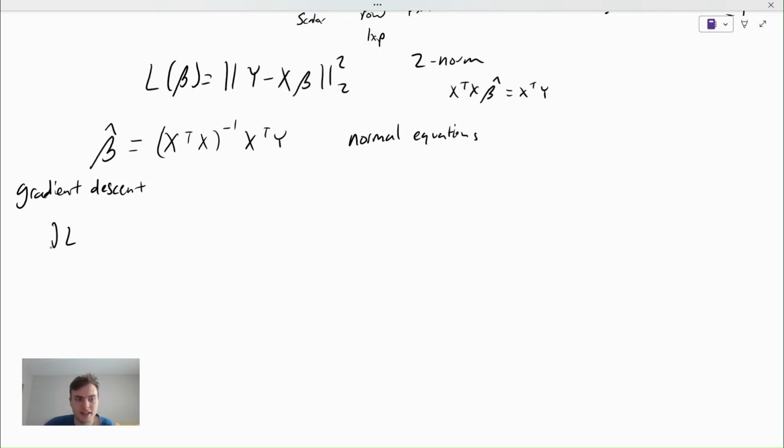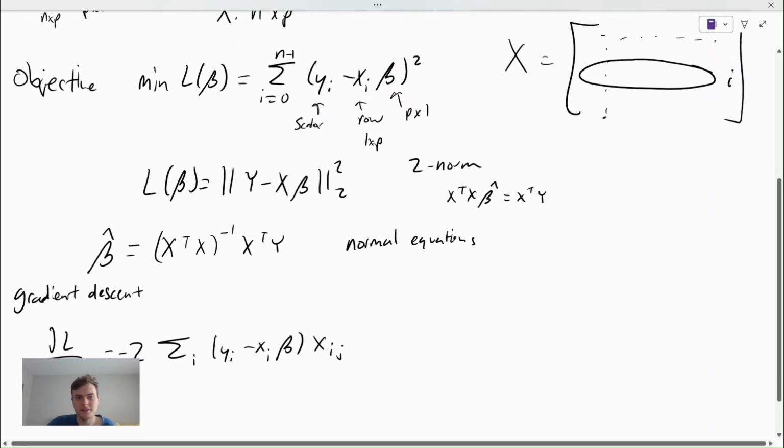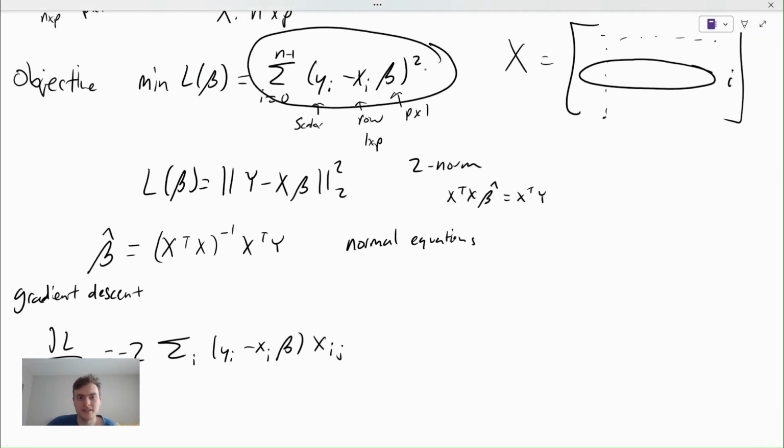So we said that dL/d beta j equals -2 sum over i of (yi minus xi beta) xij, right? So we're taking the derivative of this with respect to beta. We have to pull the 2 out front, pull the -1 out front, and then pull the xi to the side as well, right?